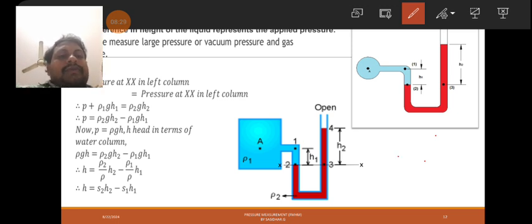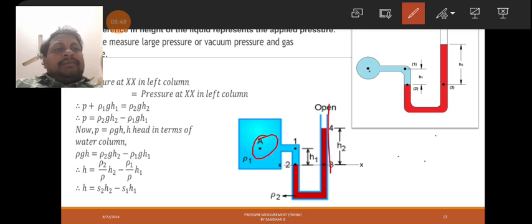You can observe in this diagram the U-tube manometer. One end is connected to the vessel or space where the pressure is to be measured. The other end is connected to atmospheric pressure. But you can observe in this diagram that the specific gravity or density of the fluid is different in the left limb and right limb.